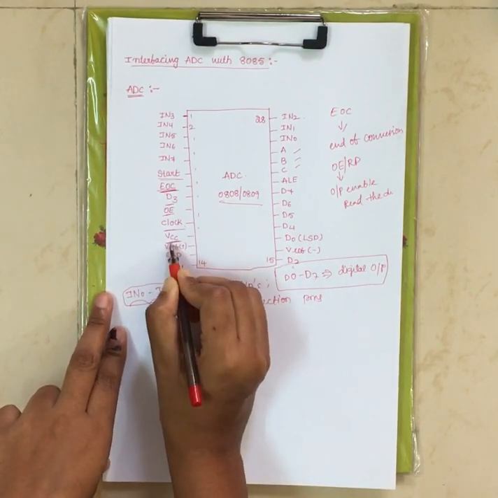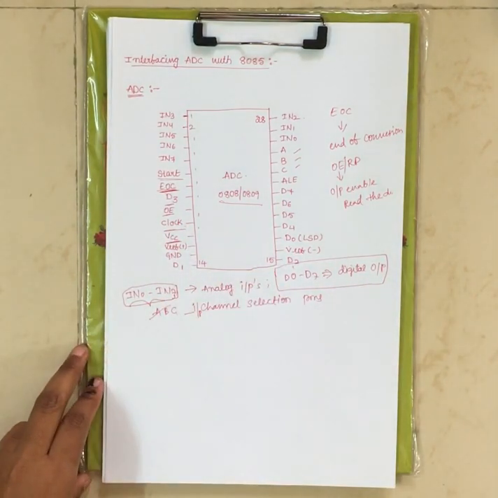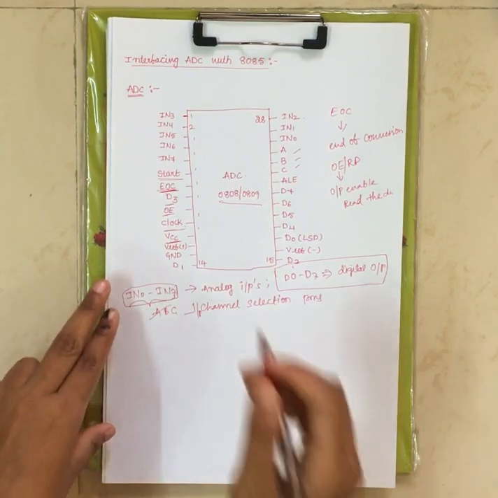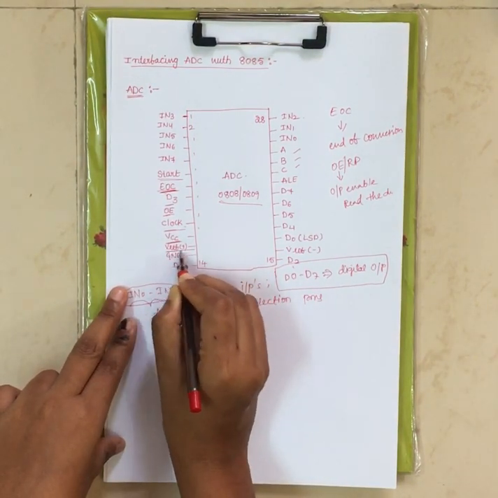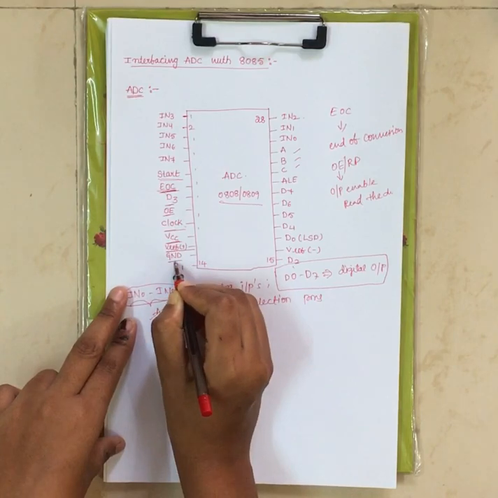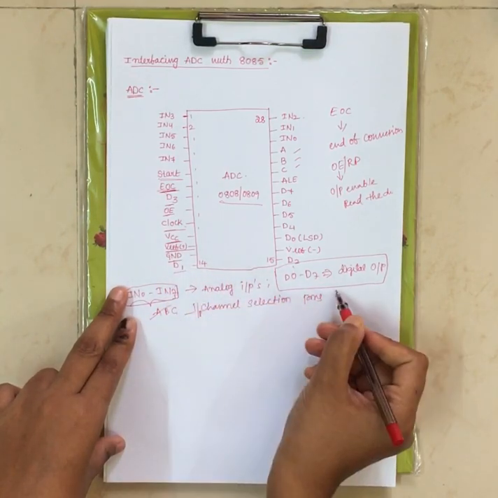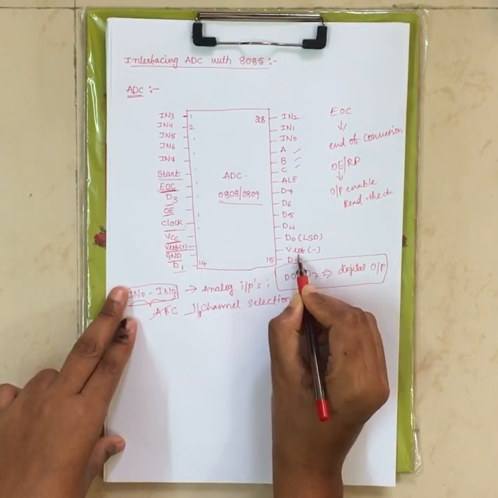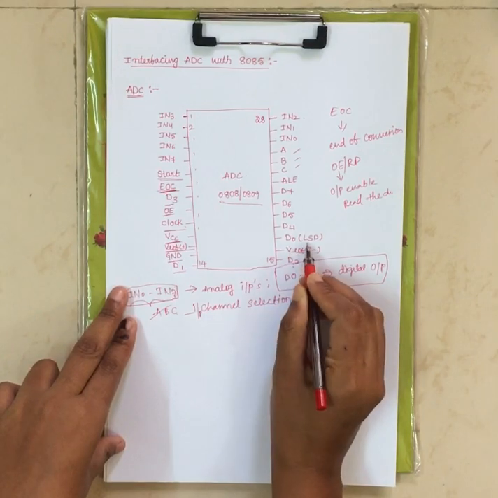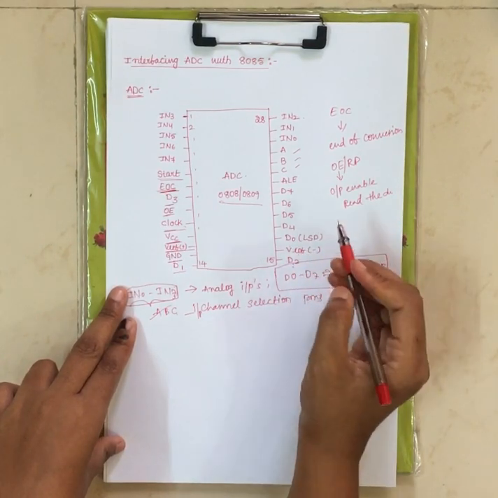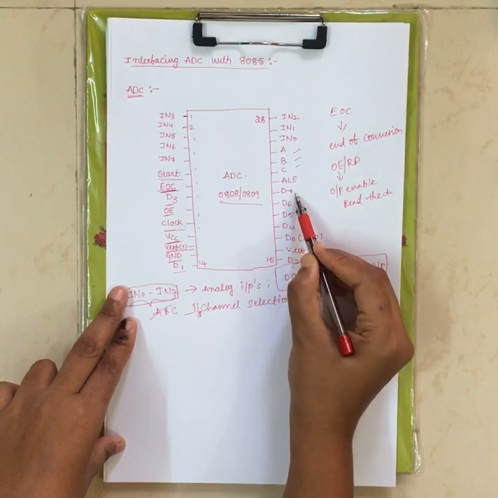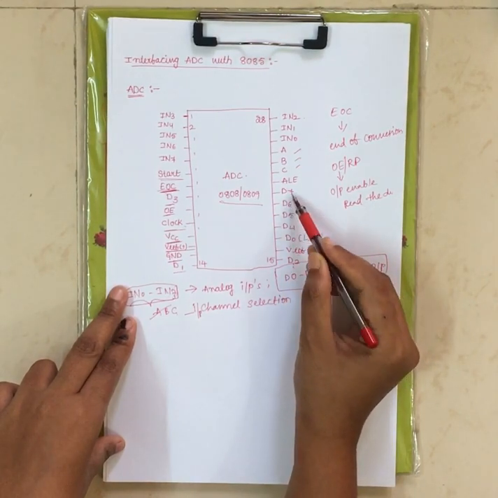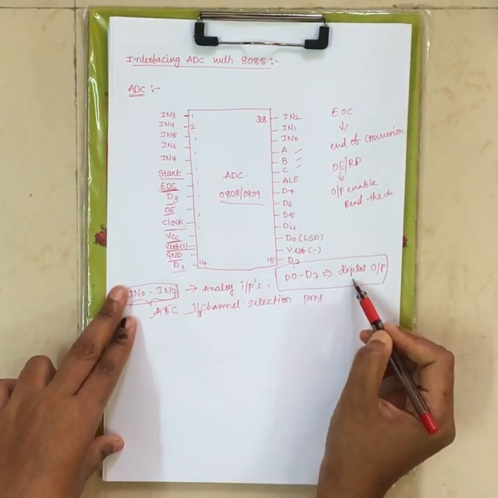Next you have VCC, plus 5 volts of power supply. Then the positive reference voltage, the ground, and the negative reference voltage, and the digital outputs. D0 is the least significant digit and the most significant digit is D7. All these are your digital outputs.